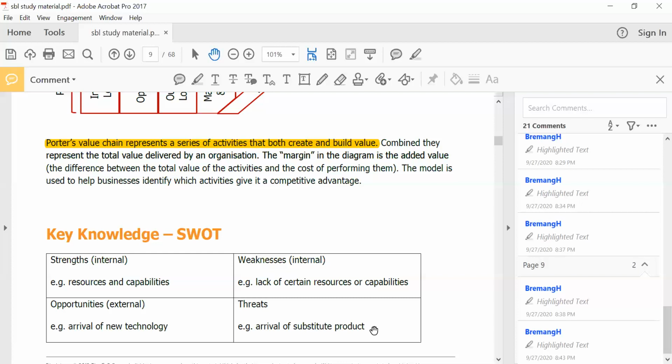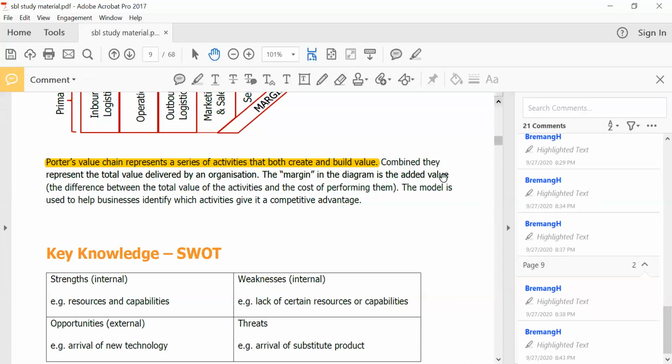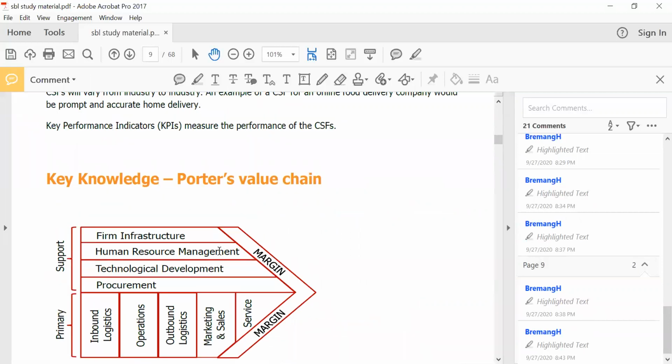In the case of the exam perspective, how will exams come out? You are going to be given a case study. Then the examiner is going to tell you to assess the performance of the company. Maybe in the case of a SWOT analysis, or maybe the question is not going to tell you to use this model.